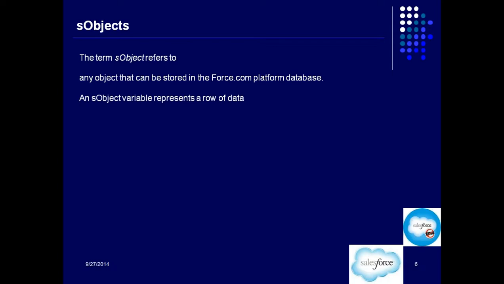An sObject variable represents a row of data and can only be declared in Apex. So an sObject variable basically represents a row of data on any object, and this can be declared only in Apex. It cannot be declared anywhere else. So you do not have sObjects in other programming languages.